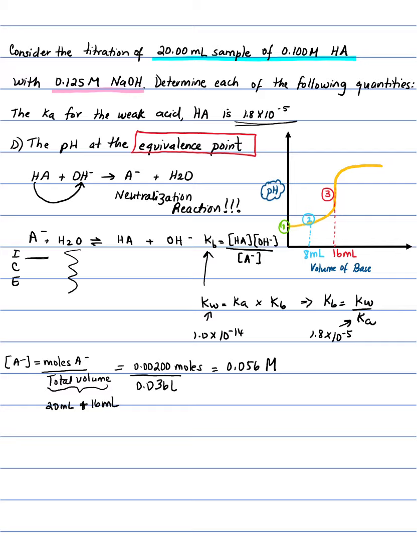That number right there, I'm going to write down right here to solve my ice table, so we can find out the value of X to calculate pOH. That's what we're doing. So I have my initial concentration for the conjugate base. The water, you don't need that. Initial concentration for your products, you're forming them, so that's 0 minus X plus X.